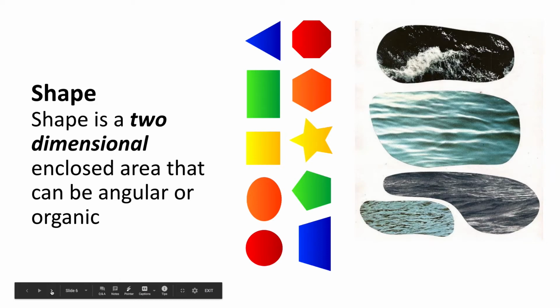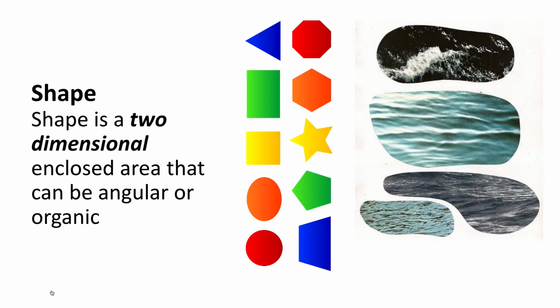We have shape. Shape refers to two-dimensional objects, and they can be organic, like the ones on the right hand side, or they can be angular, like squares and star shapes, which use straight lines, whereas the organic ones use flowing and curved lines.